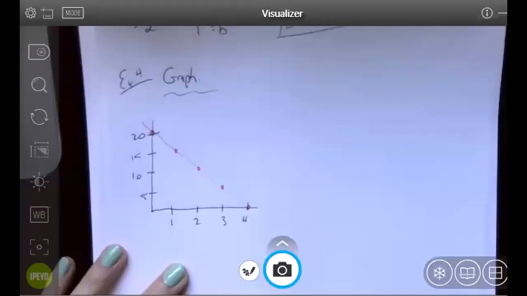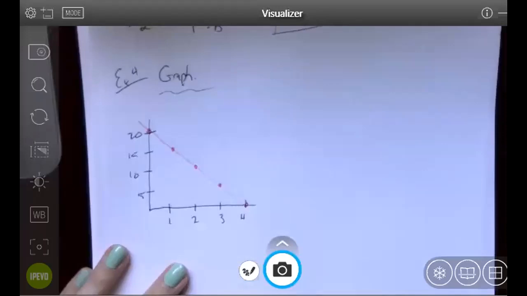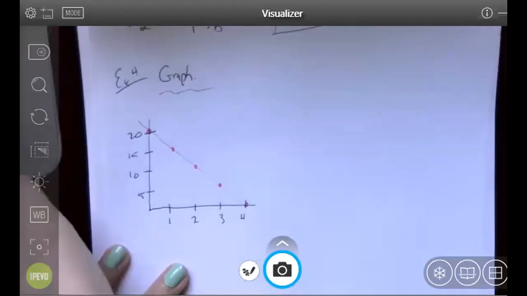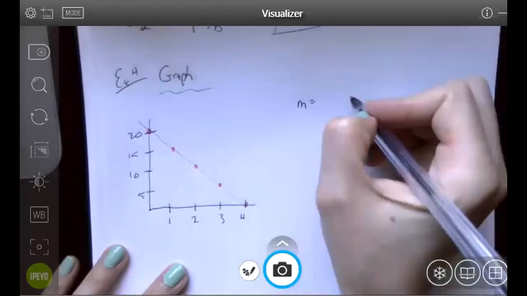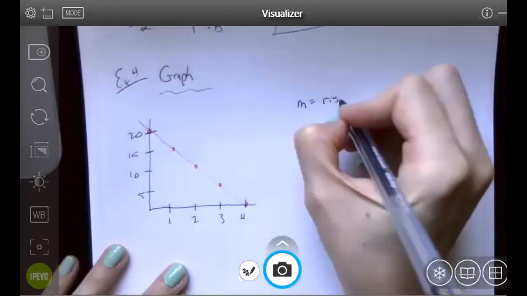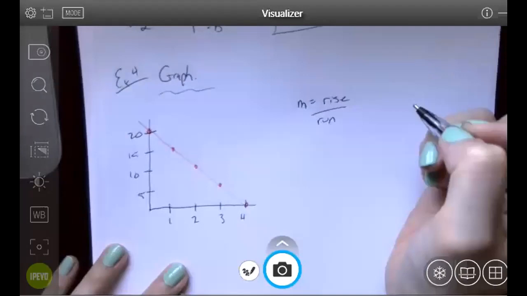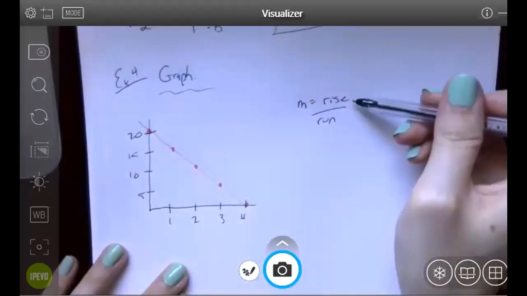Okay, if you are given a graph, this is actually the easiest way to write the equation of a line. And that is because our m value is just the rise over the run. So the rise is how far up or down we go.